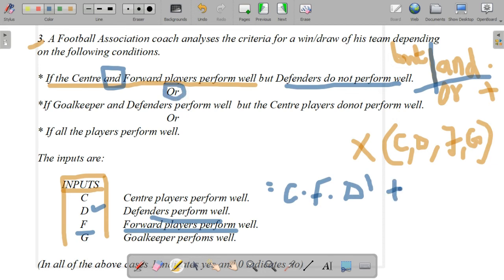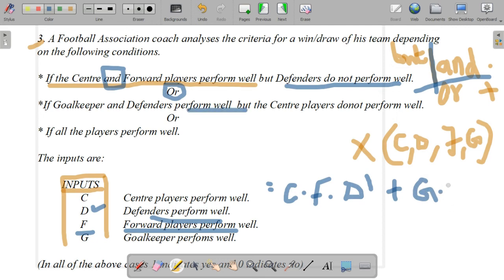Then next one is the OR operator, that is the plus operator. Next one, goalkeeper, indicated by G. Goalkeeper and defenders perform well, so we don't want to change it. G dot D, both perform well. But again dot, centers don't perform well.